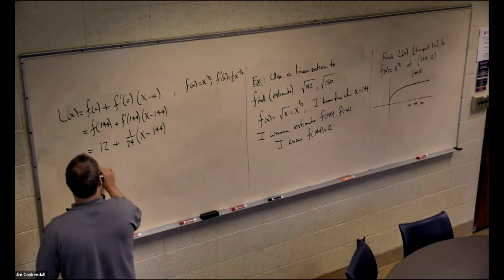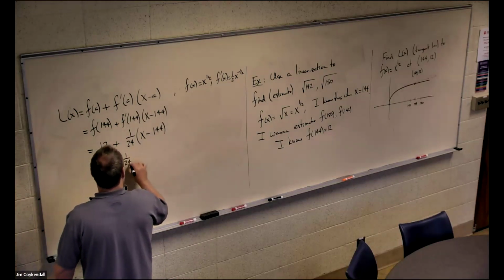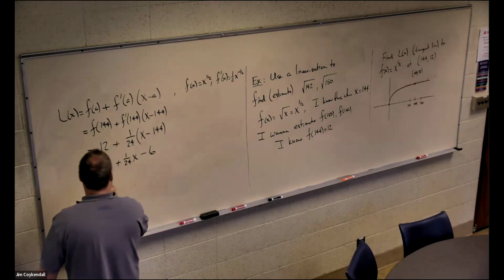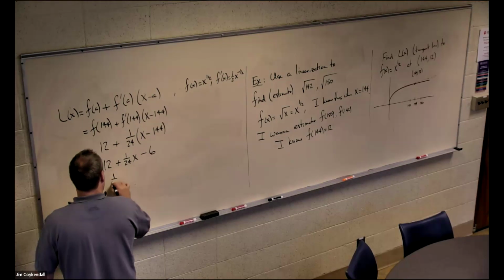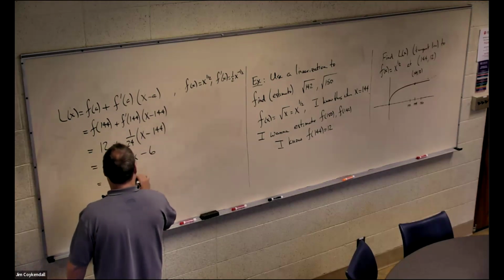So this is actually 12 plus 1/24 times (x minus 144), which is x over 24 plus 6.